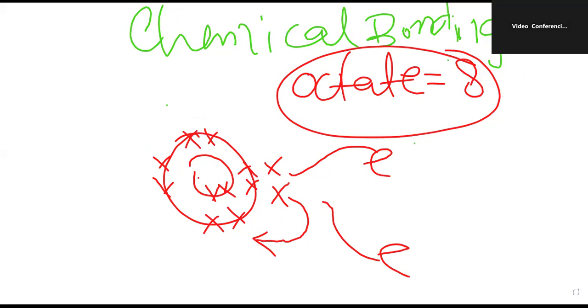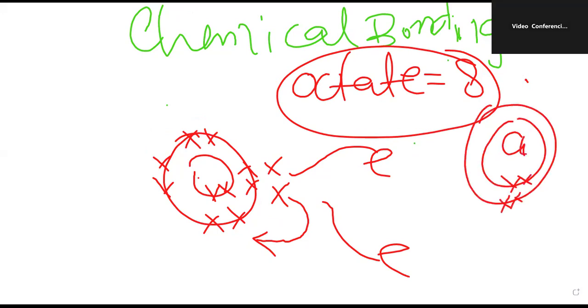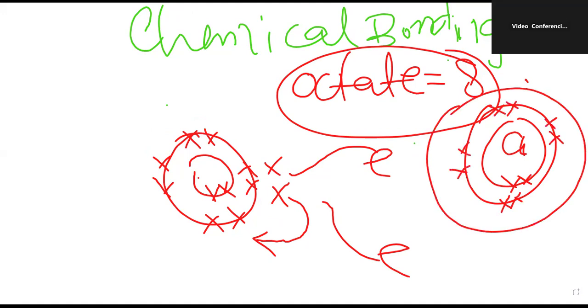And 2 chlorines, 1 chlorine is here, 2 electrons in the first shell, 8 electrons in the second shell, and 17 electrons in the third shell, valence shell.